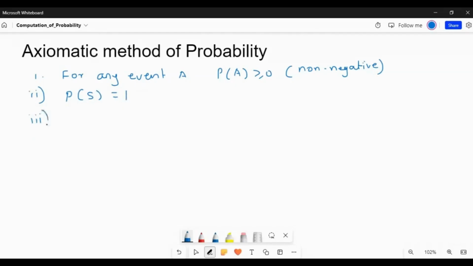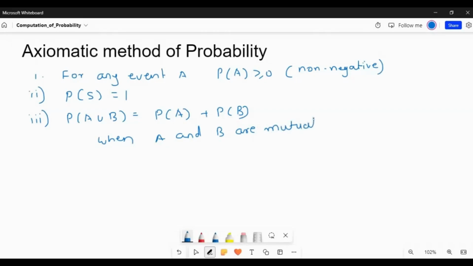Third, probability of A union B is equal to probability of A plus probability of B, when A and B are mutually exclusive events. This third property is known as the additive property.